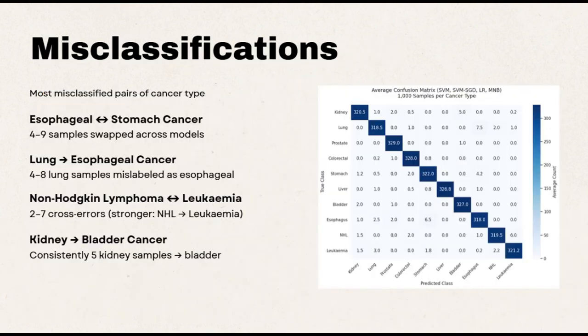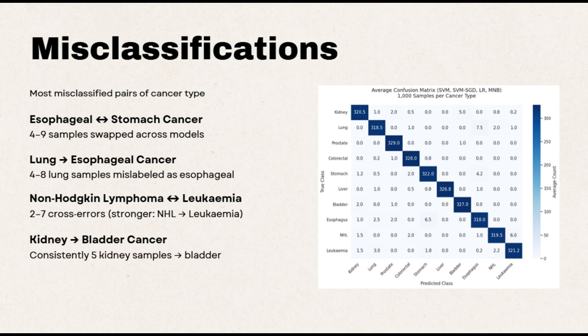And lastly are the misclassifications of pairs of cancer types that happened throughout the whole project. From the results, we found that the pair of esophageal and stomach cancer had one of the most misclassified results. Around 4 to 9 samples were swapped across models.